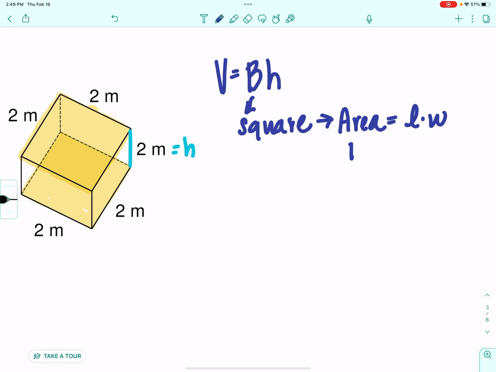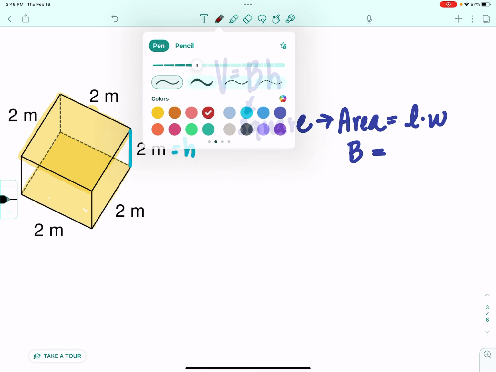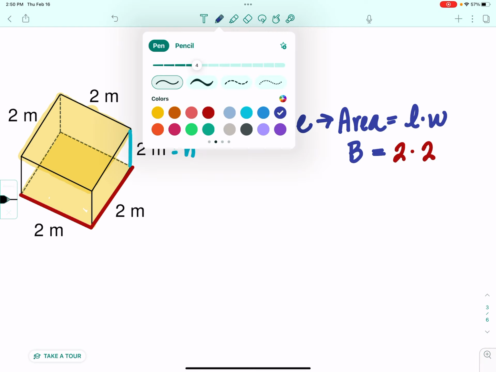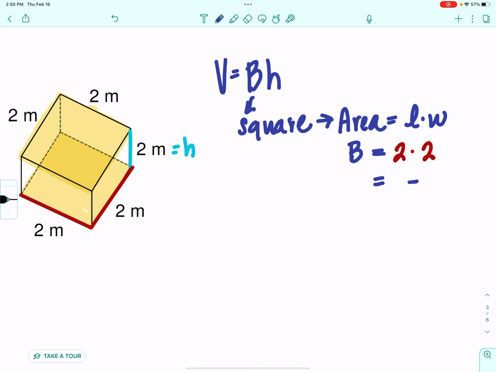So my capital B is going to be the length of my square times the width of my square. So my capital B is 4.